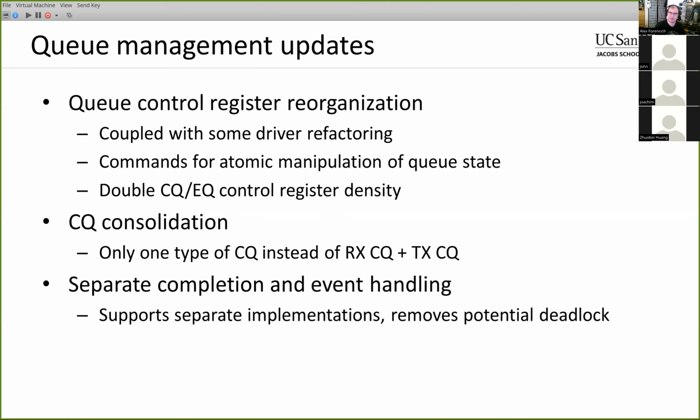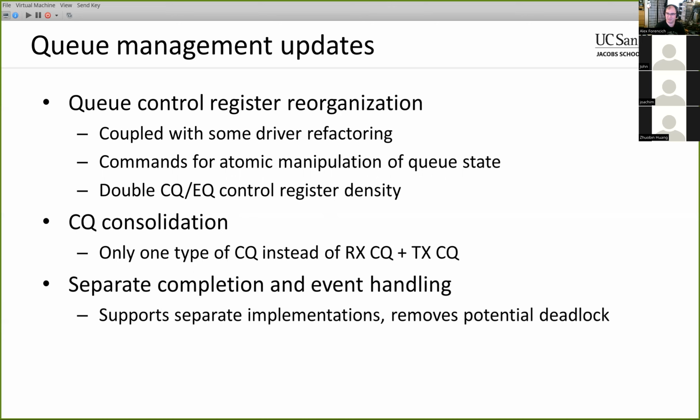But then I also changed the register layout for all of the queue control registers. With this one, we're doing two main things. One of them is that we're adding these encoded commands that you write to some of the registers, instead of doing normal bit manipulation where you might read the register value, flip a couple bits, write it back, or have some idea of what all the bits need to be so you can just do a blind write and update the state.